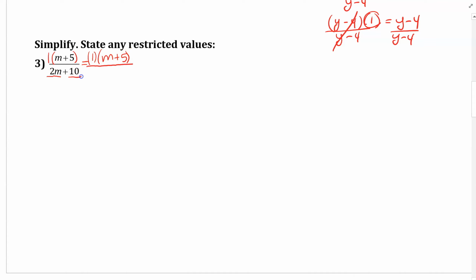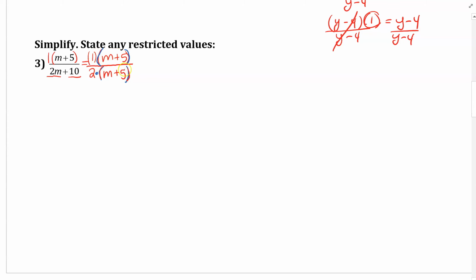In the denominator, we want to look for a greatest common factor between the two terms, and that happens to be 2. So I can factor out a 2, and I'm left with m plus 5. So now, now that the operation is multiplication in the denominator, not addition, I recognize, oh, there is a common binomial factor.